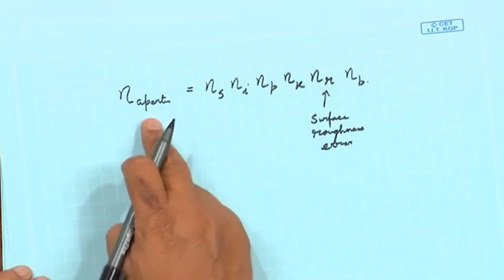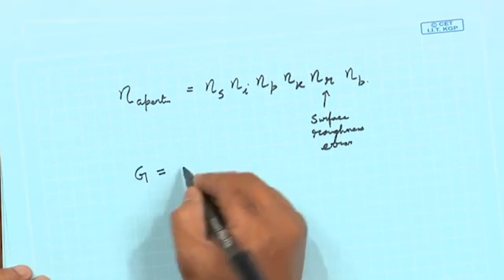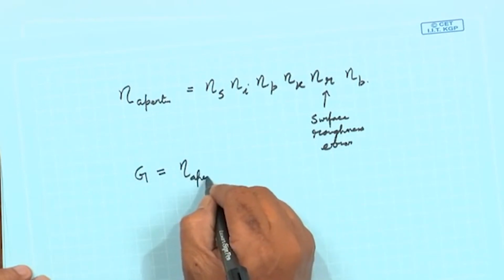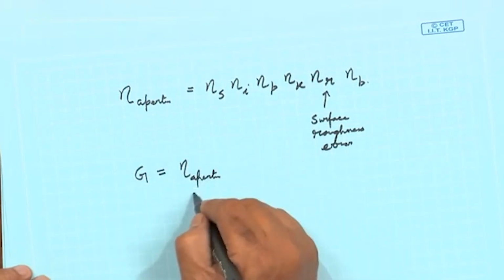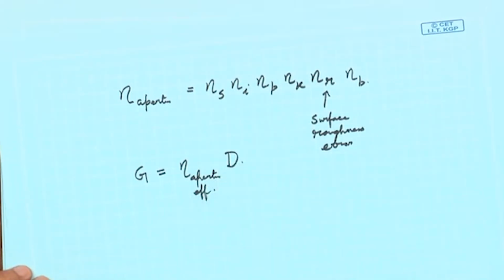So, all this affects the aperture efficiency. So, finally, gain is nothing but eta aperture efficiency into the directivity of the aperture.